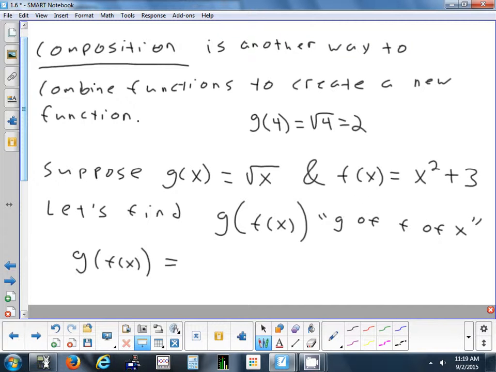So all you do is take what's inside the parentheses and fill that in for the letter in your function. We're going to do exactly the same thing here. Basically just like that. Okay, took what's inside parentheses, filled that in for the letter in my function.